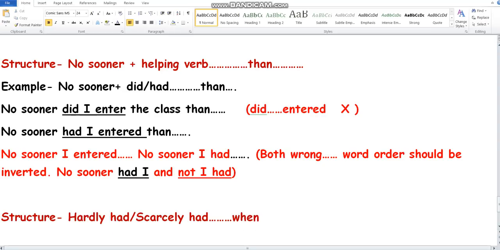You cannot use hardly and than together. Please be very careful. Hardly is used with when, and with no sooner you use than. Also, with no sooner you have a choice. You can write either no sooner did or you can write no sooner had. But with hardly, it is mandatory to use had. Hardly had and not hardly did.